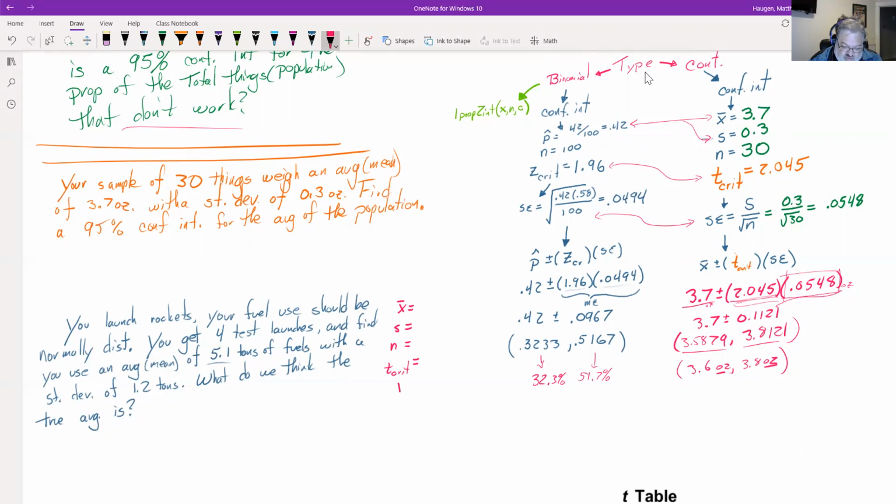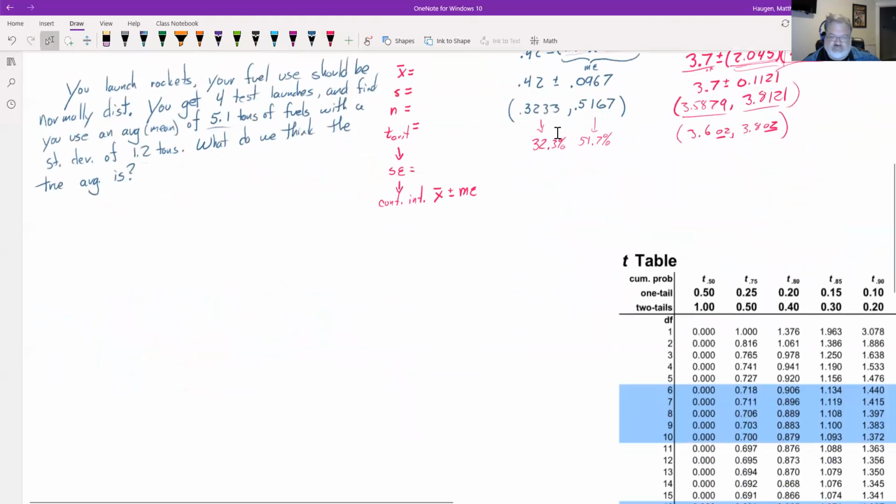And from those, we should be able to calculate our standard error and then calculate our confidence interval. That's our point estimate plus or minus our margin. So that's the plan. Questions about that plan? Trying to strip it down at this point.